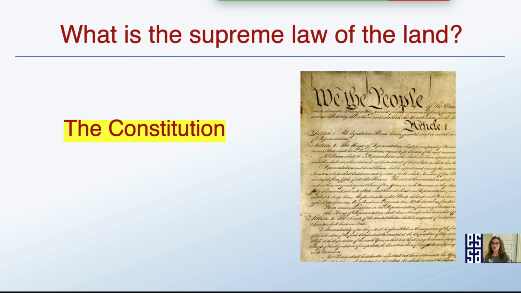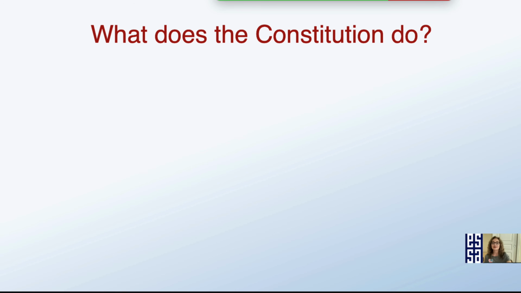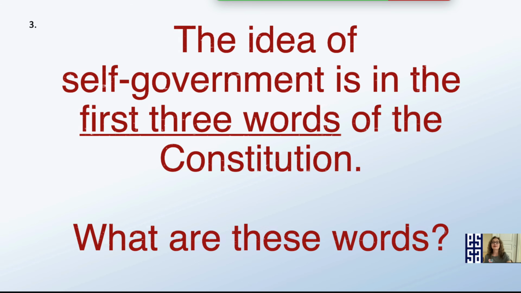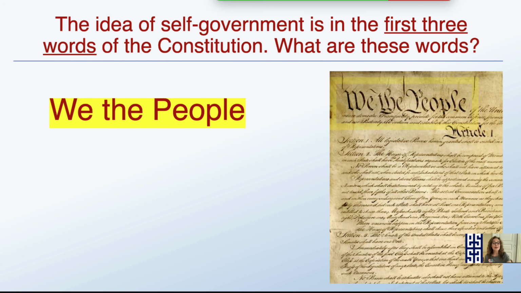The Constitution. What does the Constitution do? Sets up the government. The idea of self-government is in the first 3 words of the Constitution. What are these words? We the people.